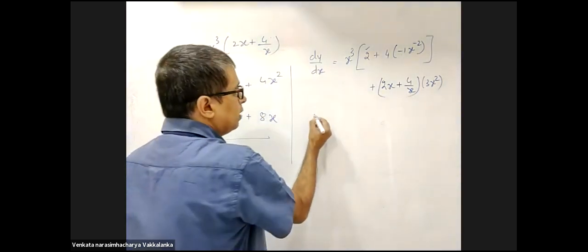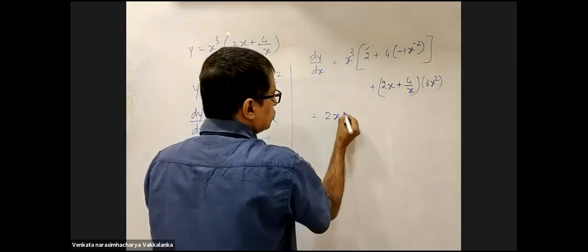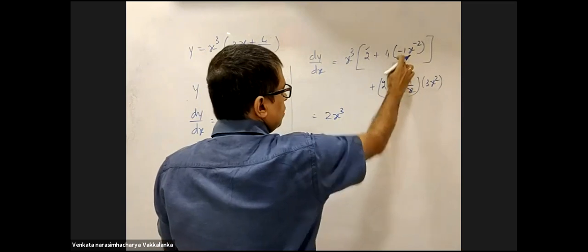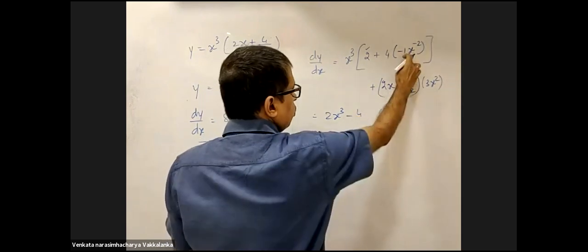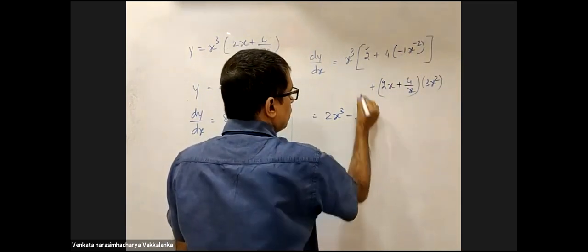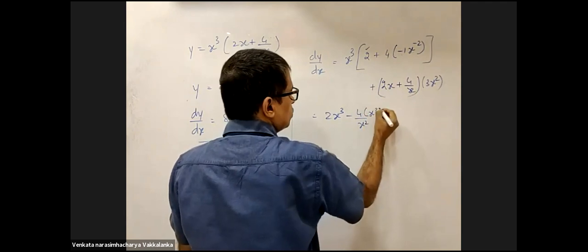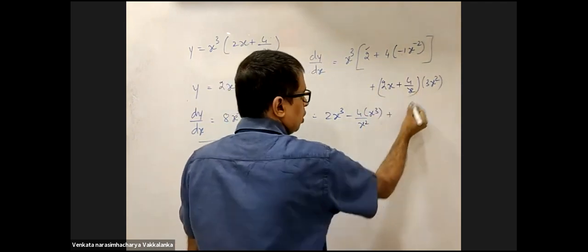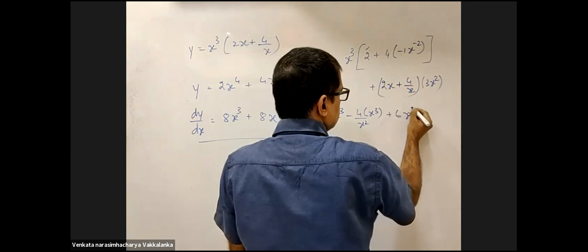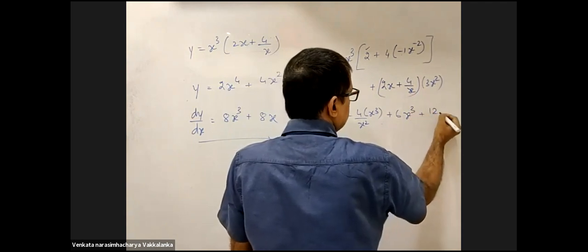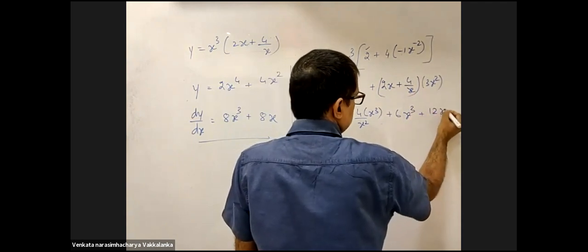When this 2x cube, this will be minus 4 by x square into x cube plus 6x cube plus 12x.